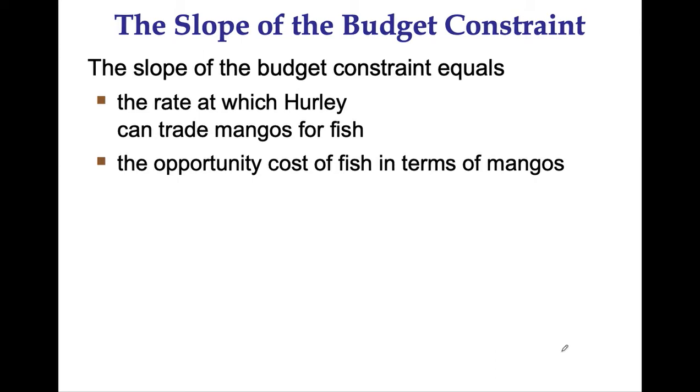So the slope of the budget constraint represents the opportunity cost of fish in terms of mangoes. To get one more unit of fish, you have to give up 4 units of mangoes. It means the cost of one fish in terms of mangoes is 4 mangoes.